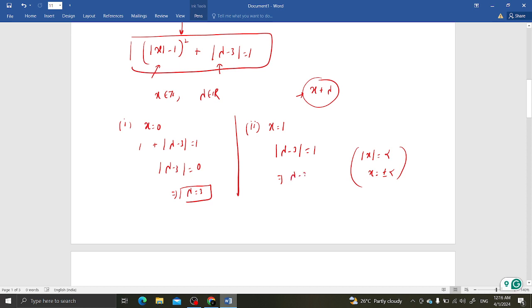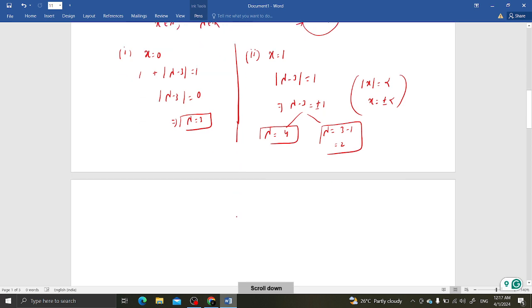So here, same thing, lambda minus 3 equals plus minus 1. So we get two values of lambda: one is 4, another one is 3 minus 1, that is 2. That is the second case complete.